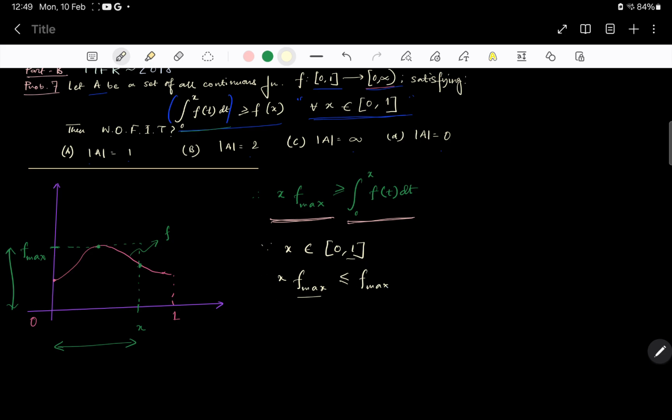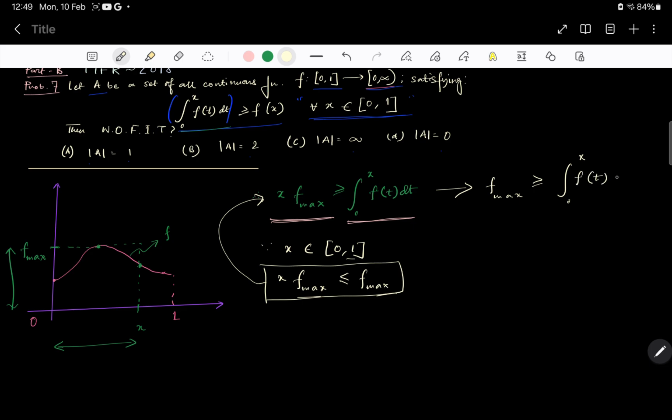So we will take this into account and plug this in over here, and from that we will get f max is bigger than or equal to the integral from 0 to x of f(t) dt.